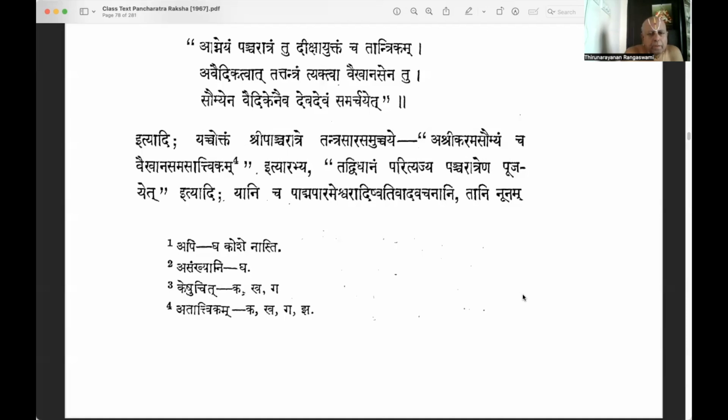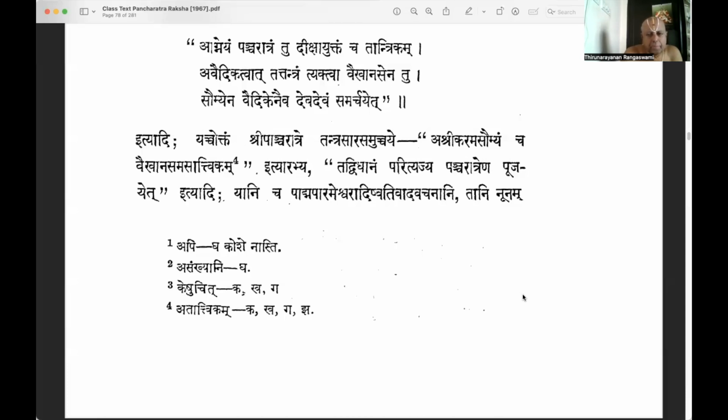Here, even if it happens in Vaikhanasa, if it is Avaidikam, if it is not linked with the scriptures at all, then remove it, delete it. Because Saumyena Vaidikena Eva Deva Devam Samarchi.